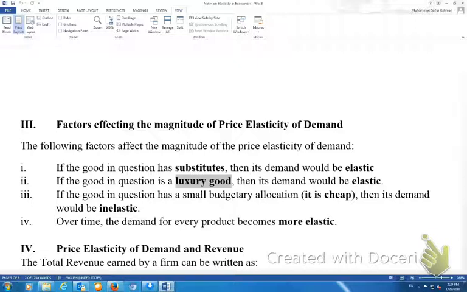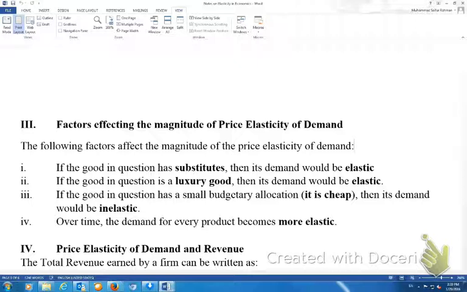Then if you have a smaller budgetary allocation for that good, meaning that the good is cheap, you really do not pay attention to the price changes. So the classical example that we provide for number 3 is salt. Salt is a necessary good, and whenever the price of salt changes, I would argue that nobody really pays attention, so the demand is very inelastic.